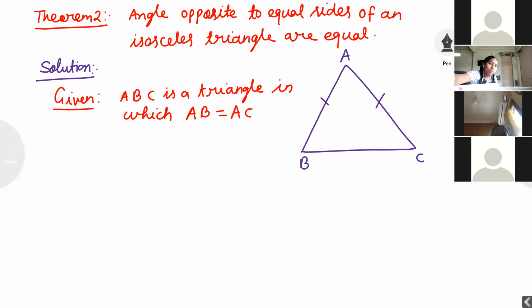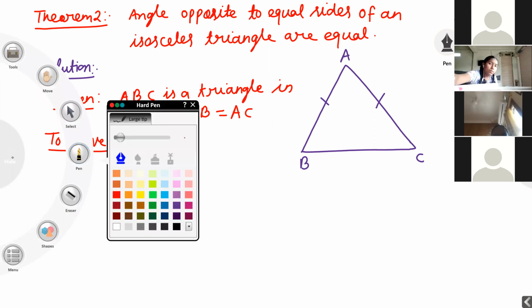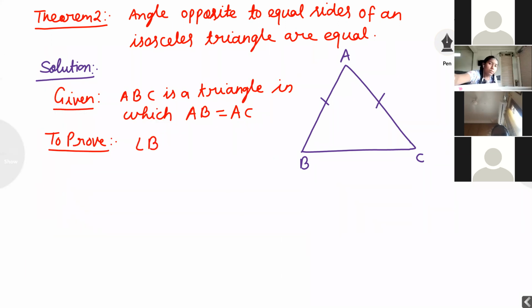Next, to prove. What do we want to prove? Angle B is equal to angle C. This we want to prove.